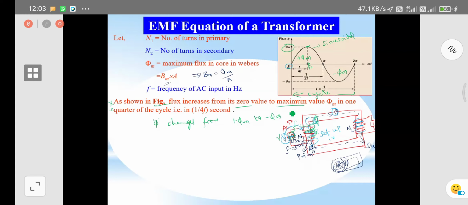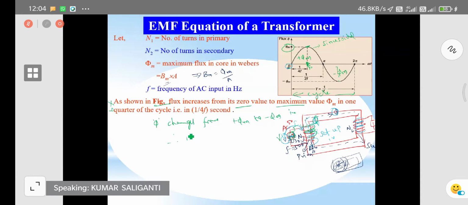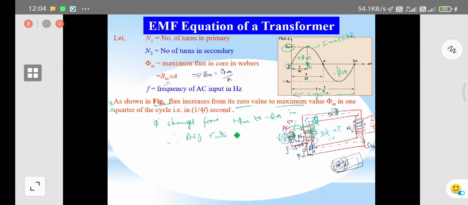in half of the cycle. You can see half of the cycle. Therefore, the average rate of flux is plus phi m minus of minus phi m by 1 by 2f.